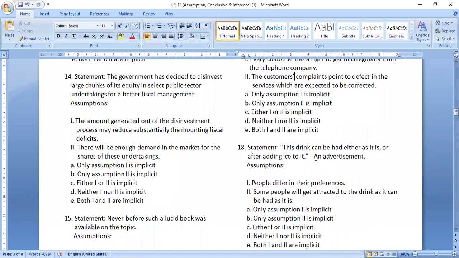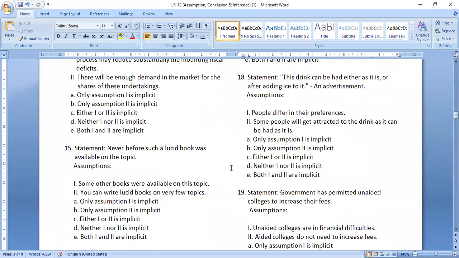This drink can be had either as it is or after adding ice to it. An advertisement. Okay. Now the assumption: people differ in their preferences. Yes, sir. Is that implicit? Yes, it is implicit.